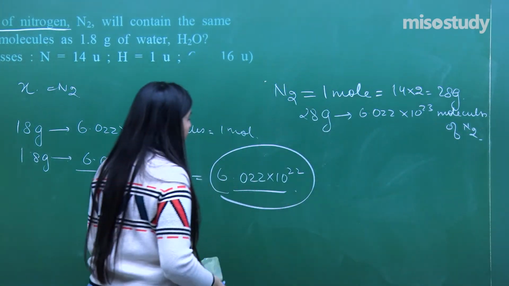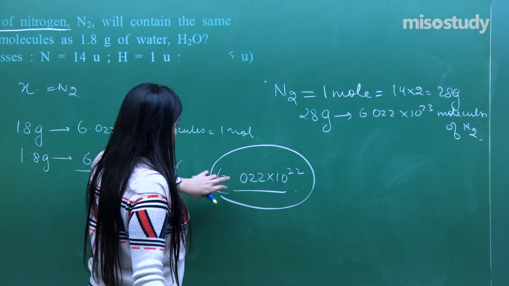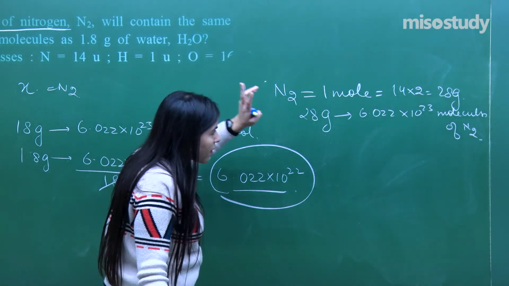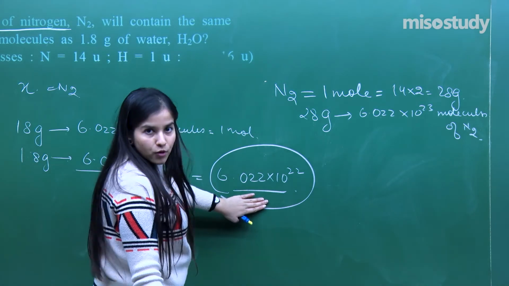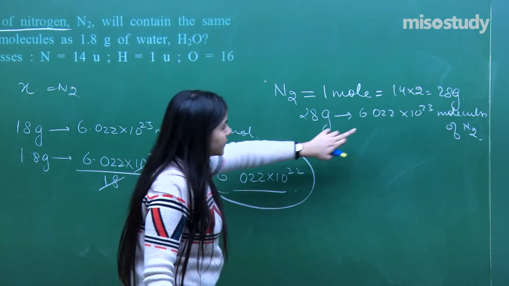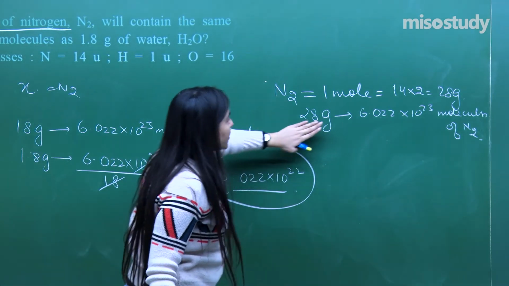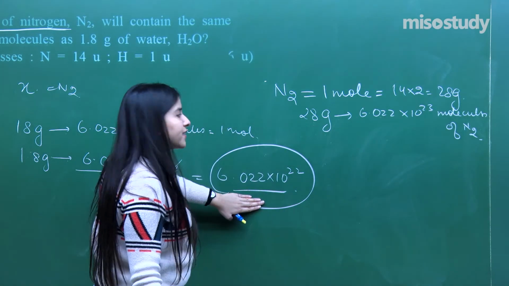Now see here, very carefully, they are asking what will be the mass of N2 for these many molecules. We know the mass for the full mole is 28 grams, so how much for this?